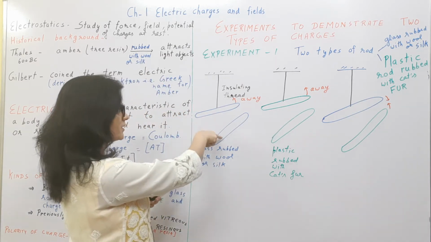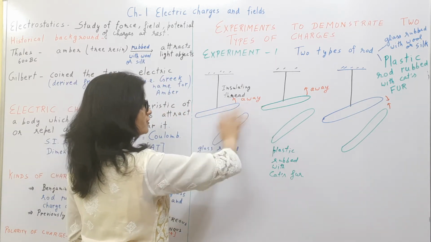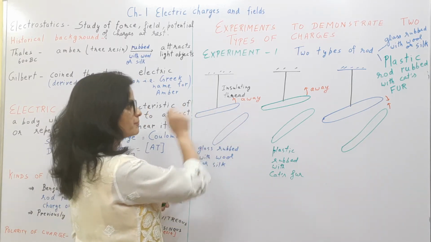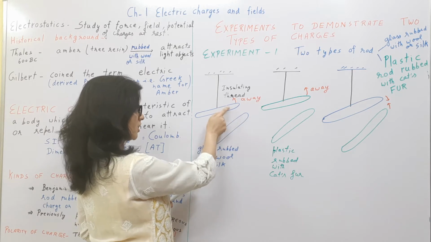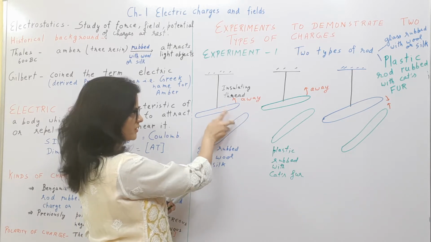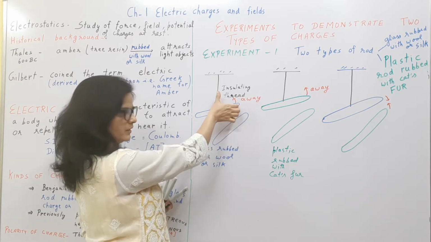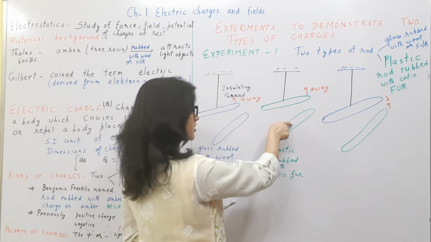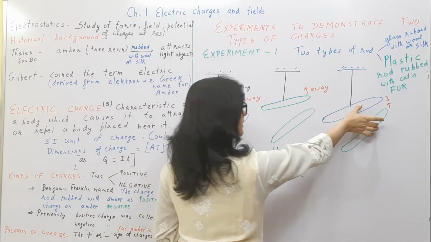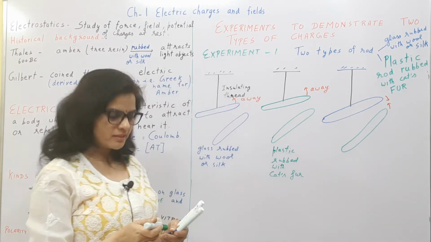So in both the cases, in the first two cases, there is repulsion. Because these rods are similar, you can say that whatever charges were developed on both these rods were similar. So there is a repulsion between the similar charges. Here also repulsion between the similar charges, and there is an attraction between the dissimilar charges.